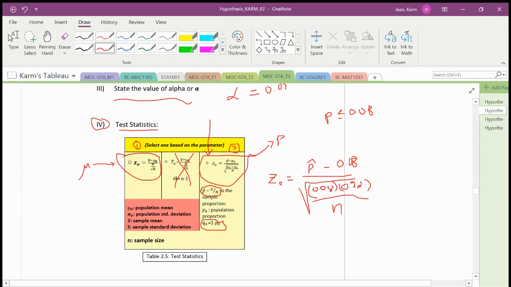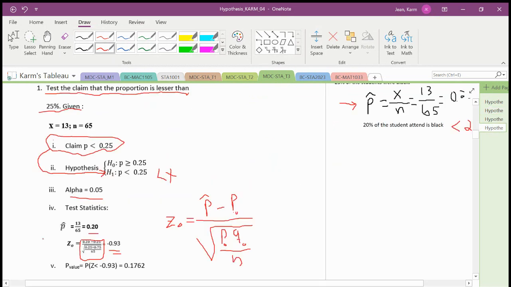I also remind you that p hat is equal to x over n, which is the sample proportion, and p sub 0 is the population proportion, and also q sub 0 is equal to 1 minus p sub 0. Remember that q is always 1 minus p. Okay, so let me go back to the notes.